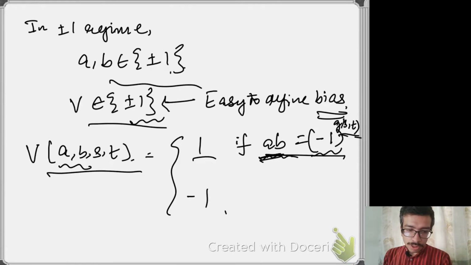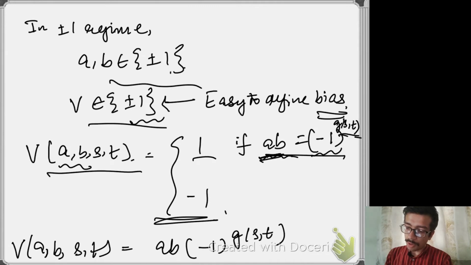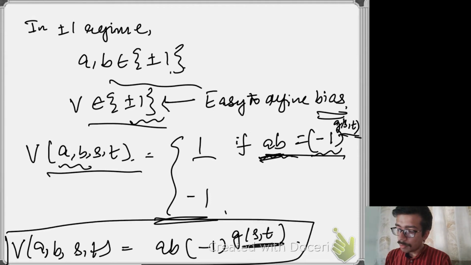So now from the above definition, I can say that the valuation is going to be AB times (-1) to the power of some function of S and T, which is going to be G of S, T. So we can take this to be the definition of an XOR game, for ±1 valued outputs and ±1 valued value function.